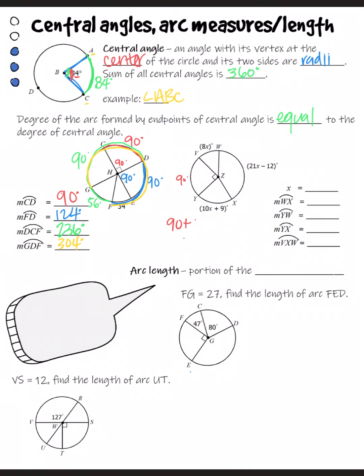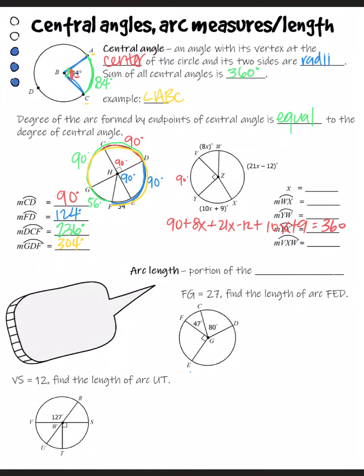So 90 plus 8x plus 21x minus 12 plus, I ran out of room, 10x plus 9 equals 360, okay? And then we are going to combine like terms and solve for x. This is similar to what we did when we were doing our polygon angles and all the angles inside. We added them all up and set equal to what they total, trying to solve for x. So same thing.